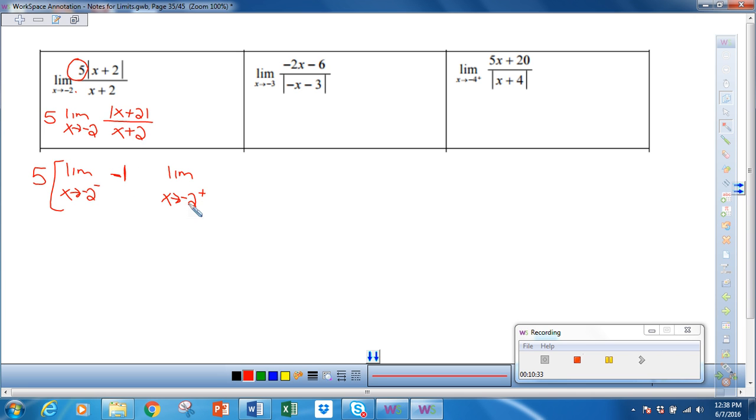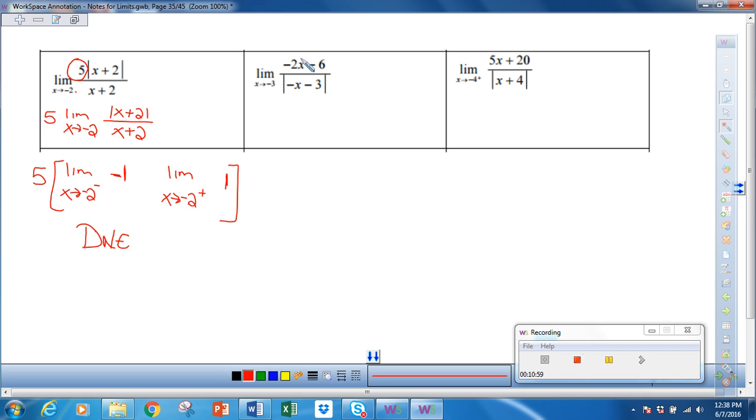And as I come in from the right, I have numbers slightly bigger than negative 2, which would be like negative 1.999. So that's going to be a positive number, and so I get positive 1. So this limit does not exist, because as I come in from the left, it's one thing, and as I come in from the right, it's something else. From the left, it's negative. From the right, it's positive.